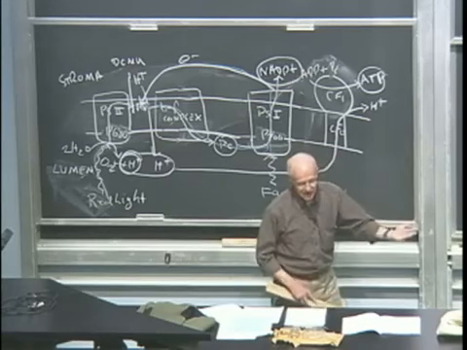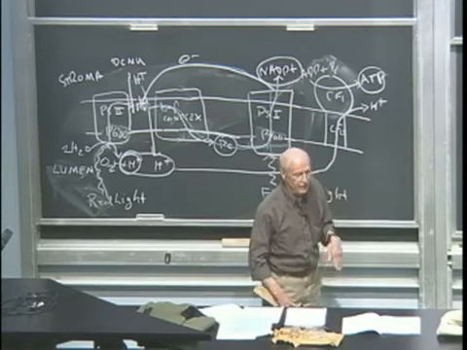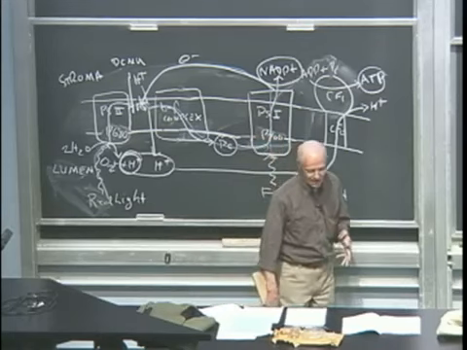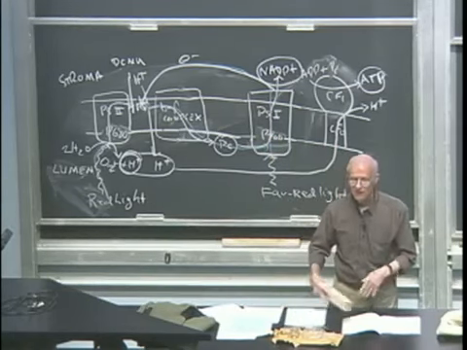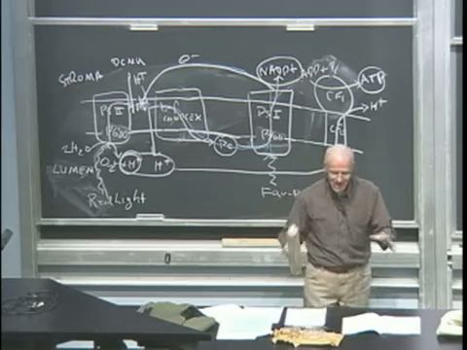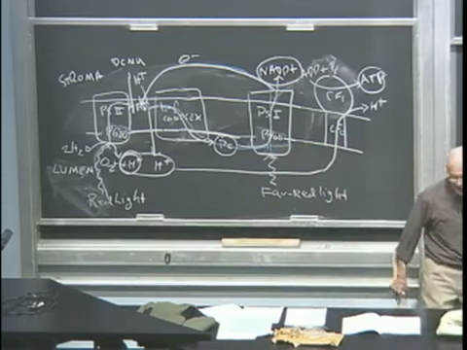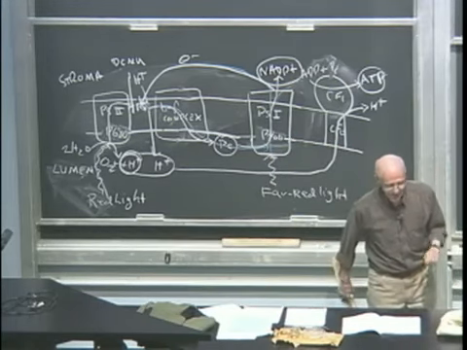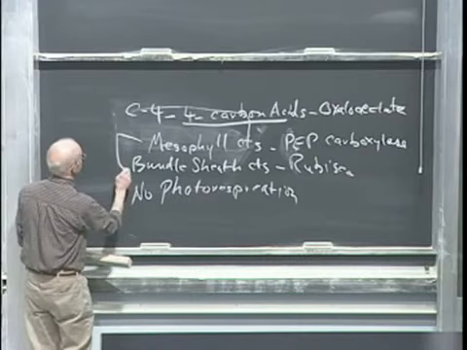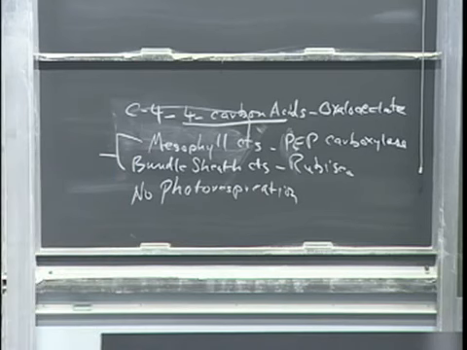What's happening in these two cells, the bundle sheath and the mesophyll cell, in terms of biochemistry is also different. And that's not something I want to go into, but they are distinctive. They're different from each other. They're doing different things in each case. So be aware that PEP carboxylase, this pathway, in conjunction with these two different cell types, is a mechanism for suppressing the oxygenase activity of Rubisco and therefore the photorespiratory activity of the system.